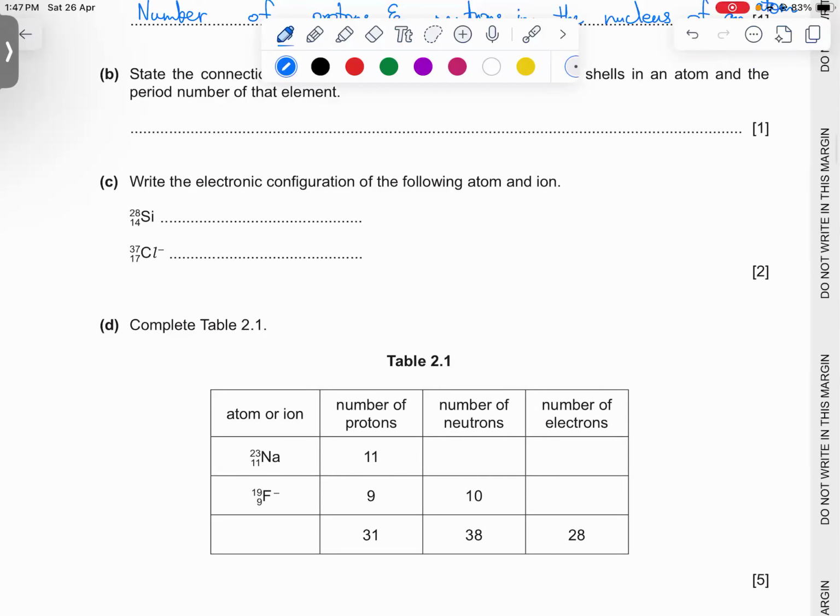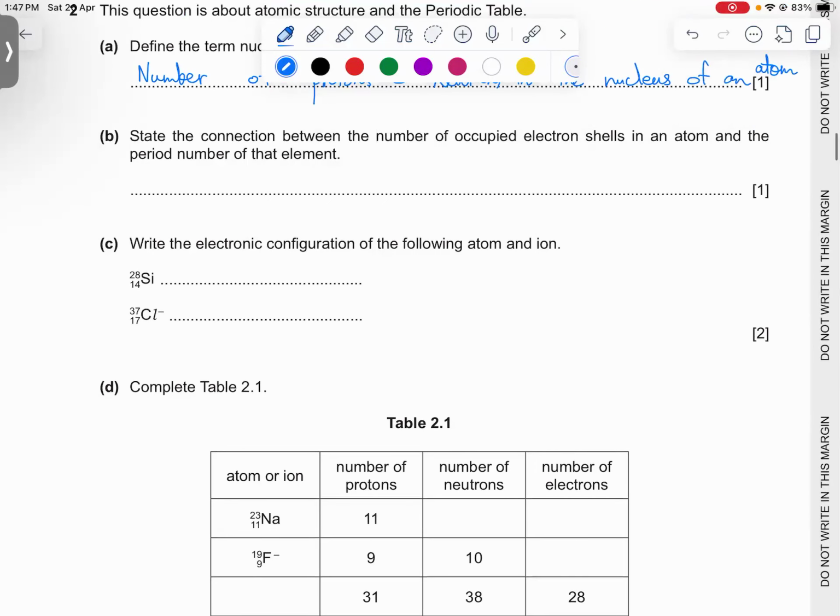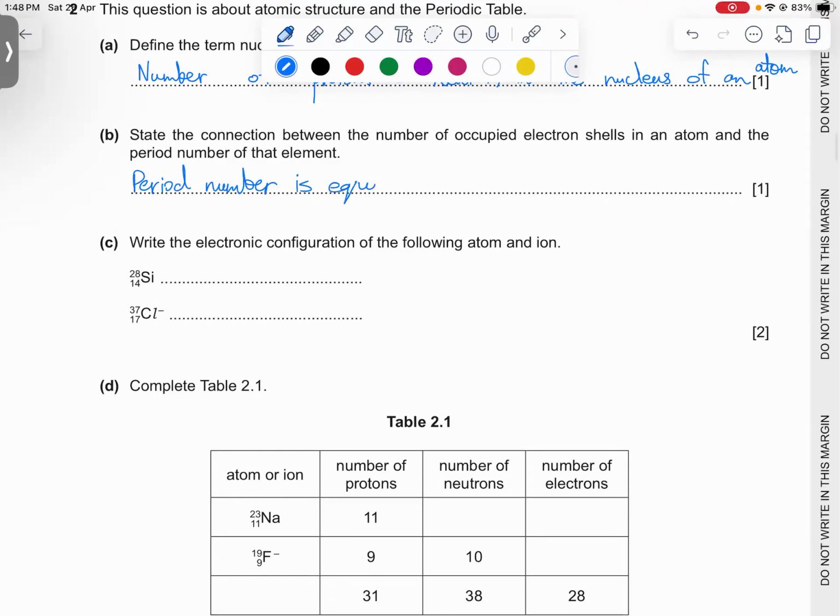So period number is equivalent to the number of shells. Next question.